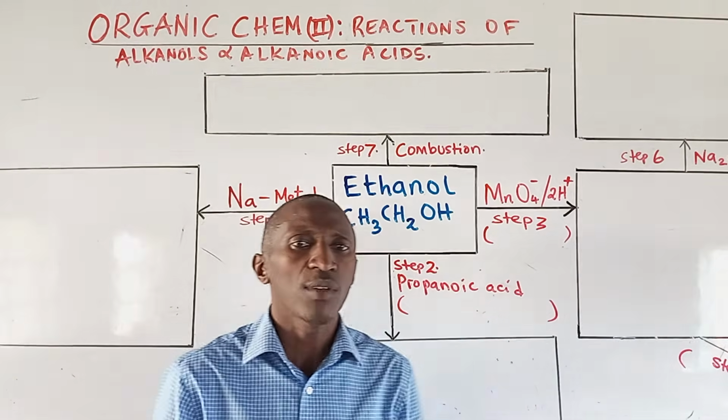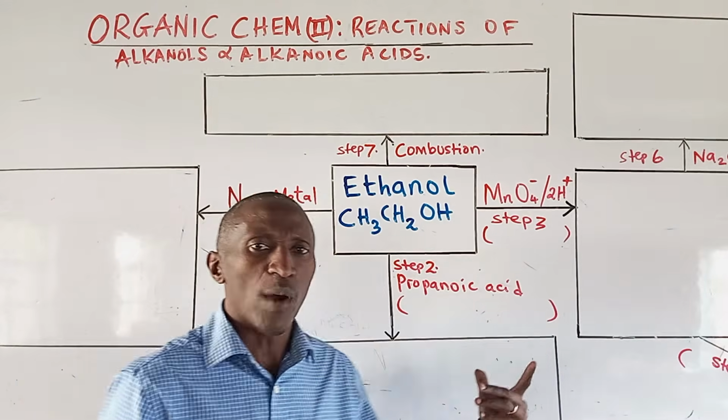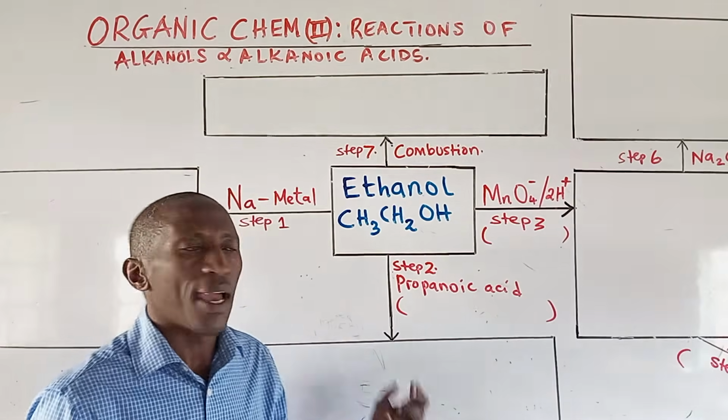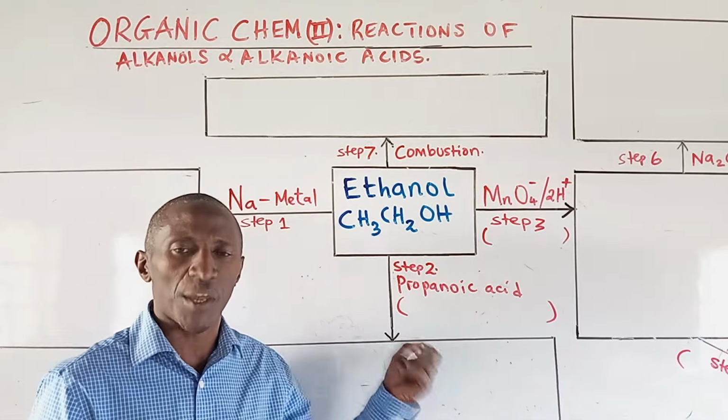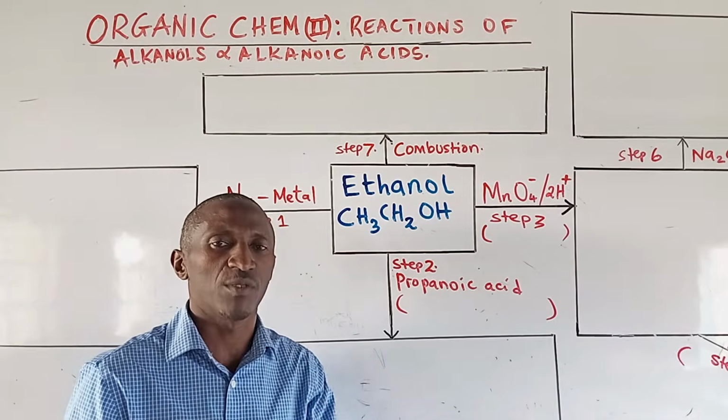Straight away, I would like us to look at what we shall do. Viewers, we have a flow chart. In this flow chart, we have about 7 steps which will represent individual reactions.